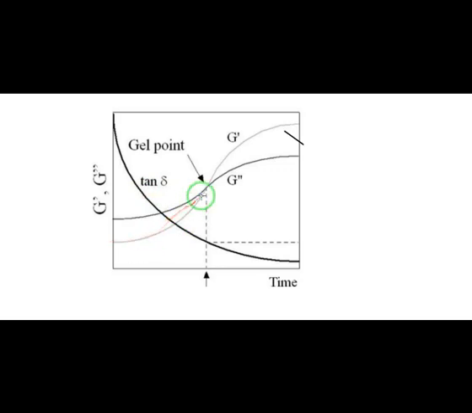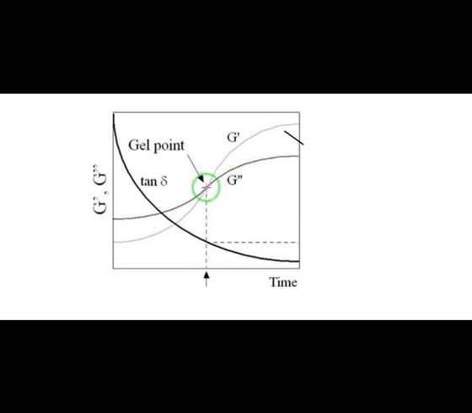But at this point, the modulus of the liquid and the solid will be the same. And by the passage of time, the modulus G prime corresponding to the solid phase will overtake the G double prime of the liquid phase.